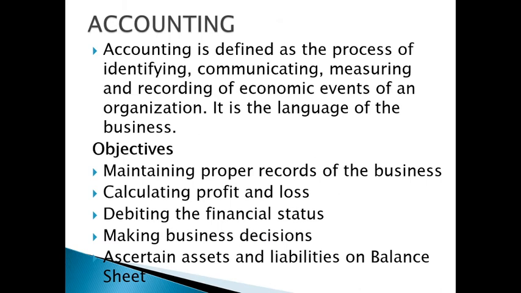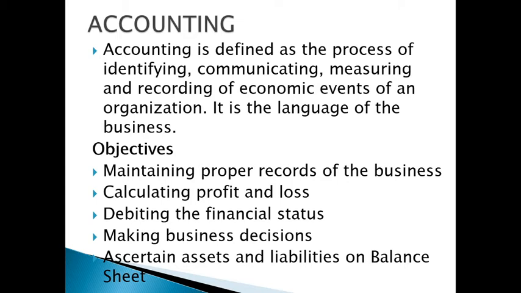Now we move on to another title, that is accounting, which has a definition given here. Accounting is the process of identifying, communicating, measuring and recording of economic events. And the objectives or advantages: if you are asked advantages of accounting or objectives of accounting, for both you can write these points.